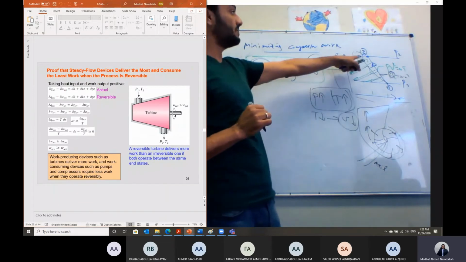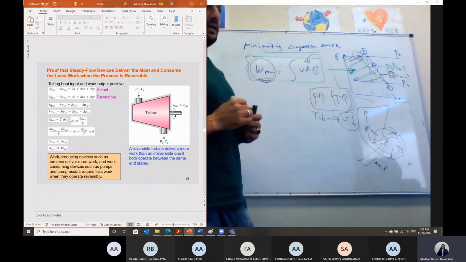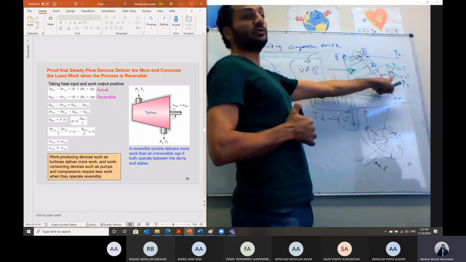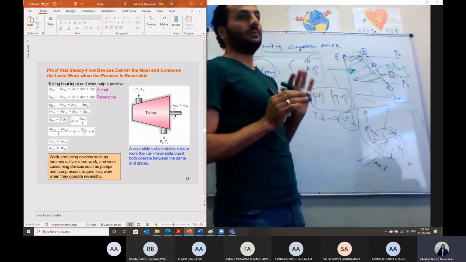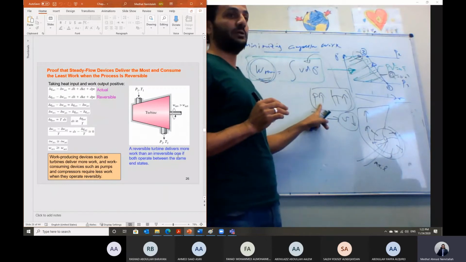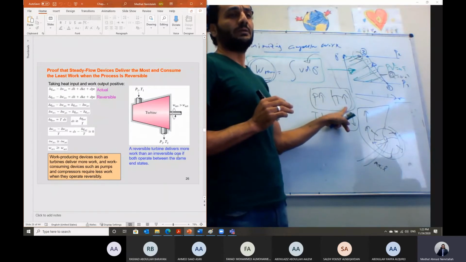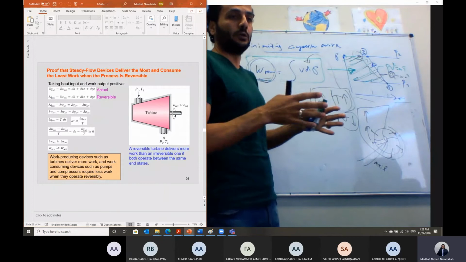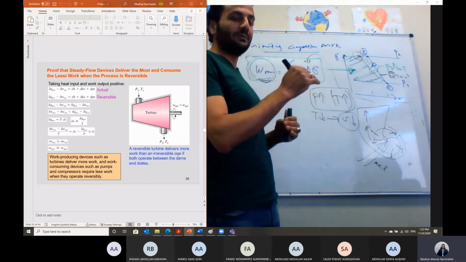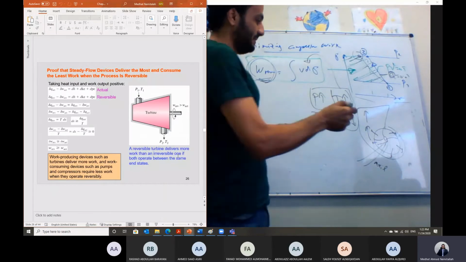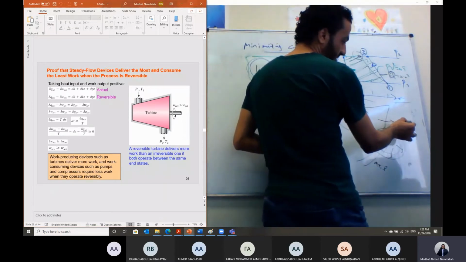But how can we reduce the final temperature here? For the isentropic process, even though we don't have any losses, the process is adiabatic. So when you raise the pressure, the temperature will be raised, and the gases are not losing any kind of heat. That means the final volume will be a little bit high. This is the case if the compressor is adiabatic.